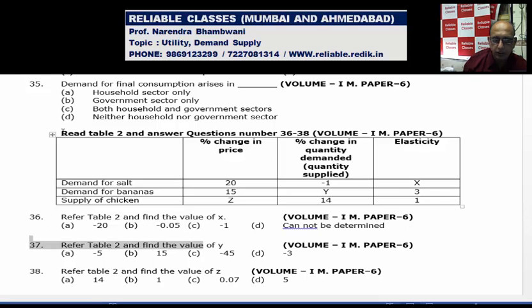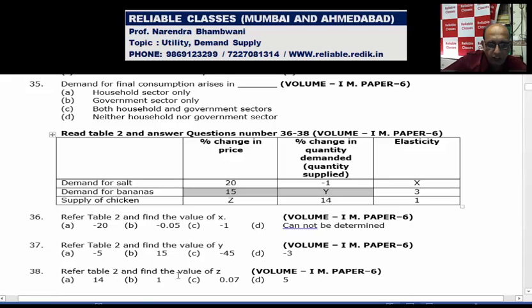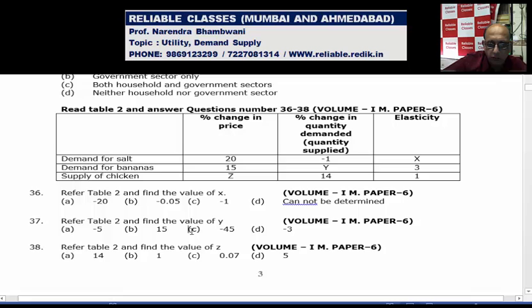Refer to table 2 and find the value of y. Y upon 15 is equal to 3. So y has to be 45. Here it can be plus 45 or minus 45. Obviously, demand and price will change in opposite direction, so they will not give you both the answers.